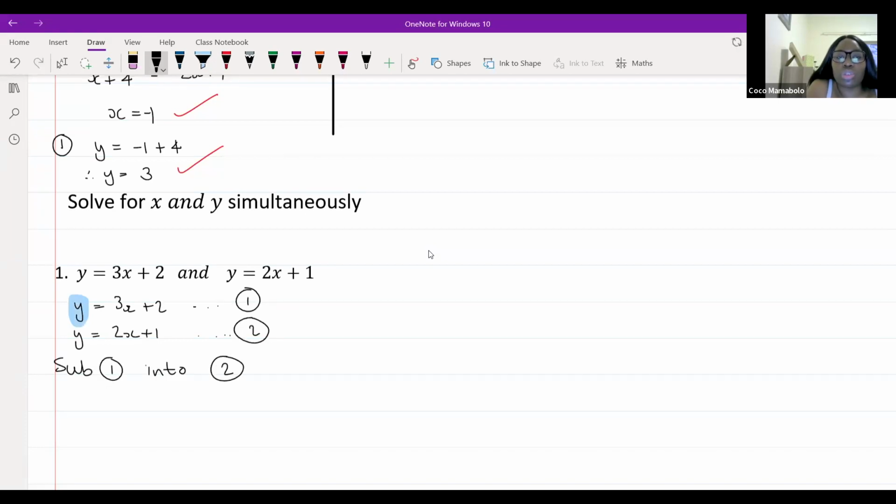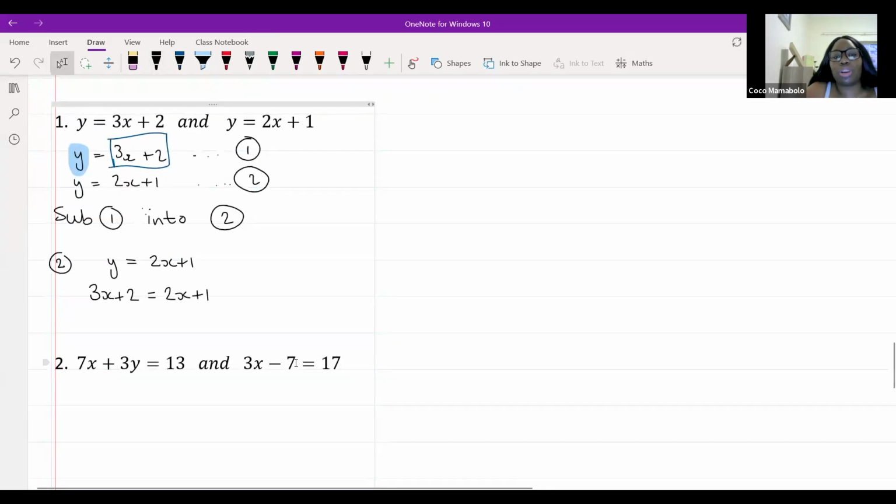So equation 2 is the thing that we're actually using. Equation 2, y is equal to 2x plus 1. Wherever I see a y, I need to replace it with 3x plus 2. So I'm then going to go 3x plus 2 is equal to 2x plus 1.